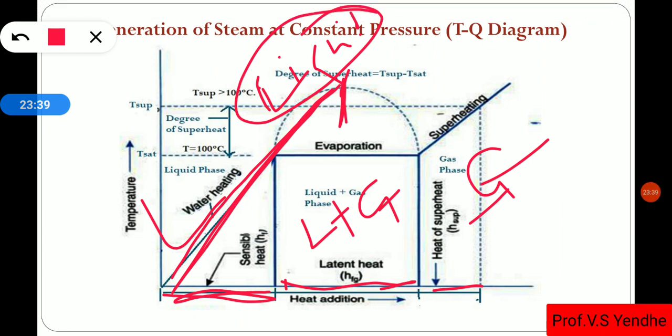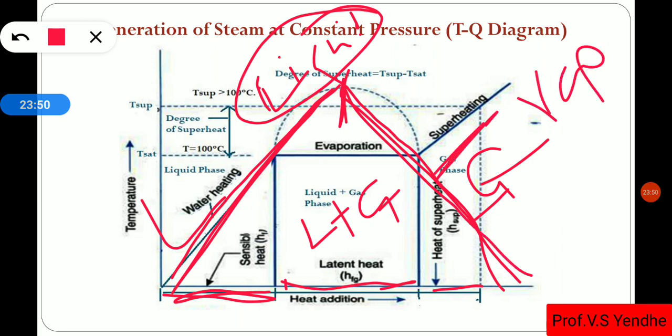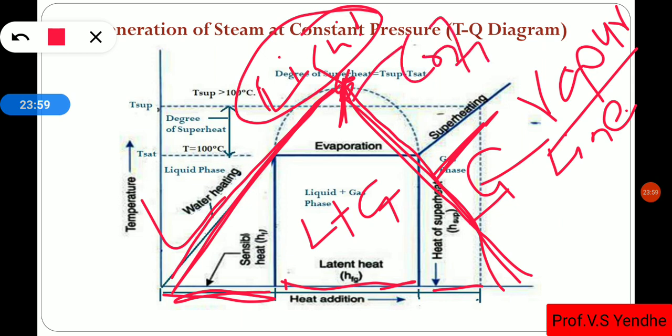Then this side is the vapor phase, the vapor line. And this is the highest point, which is the critical point. Critical point is the highest point on a curve.